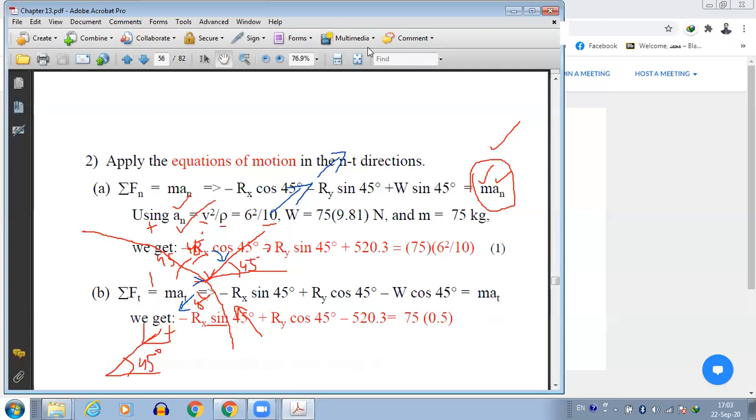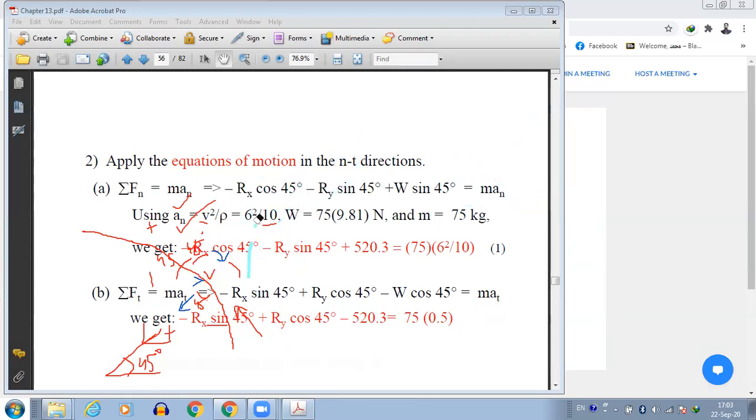Okay, so if everything is clear, then I will rub my screen, whatever I wrote. Okay, so far. Okay, so let me rub it. Yes, it's always towards the center.